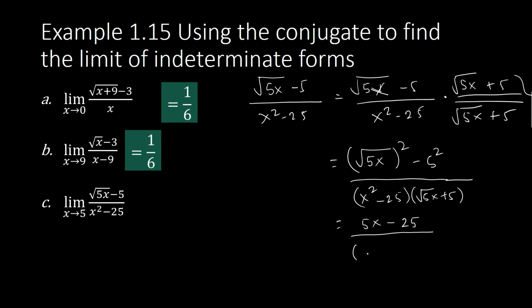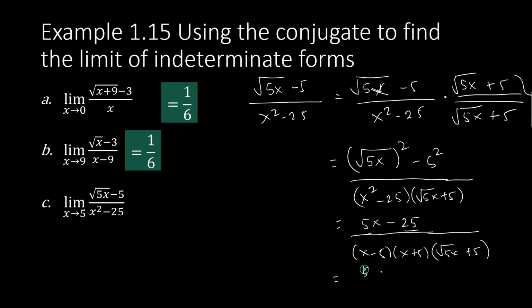Now what I'm going to do is produce a factoring for x squared minus 25. This one is easy to see. This is the difference between two squares and we know its factoring. Okay, I'm going to factor out 5 from the numerator.